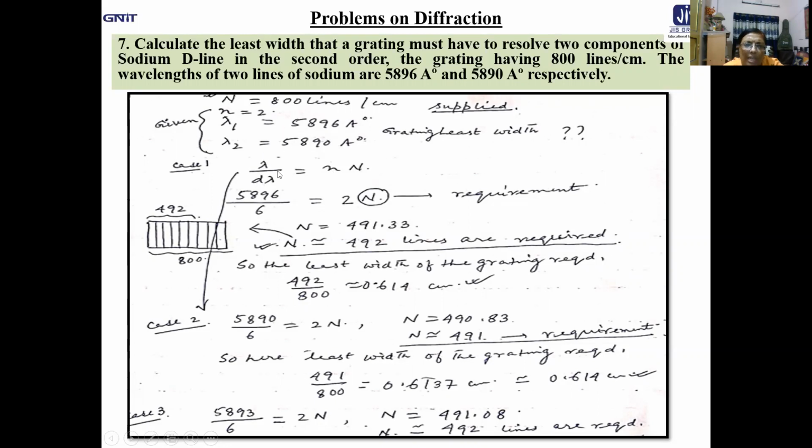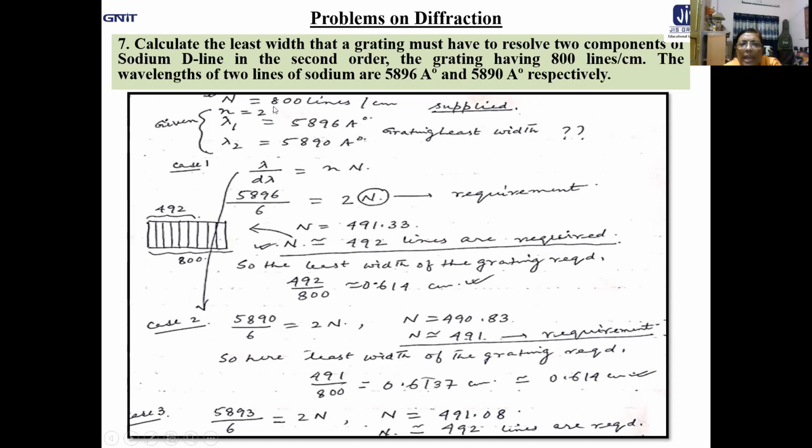To resolve these two lines in the second order with this grating, you require this much N. It is coming out as 491.33. That means the required number of lines is more than 491, that is, 492 lines are required.